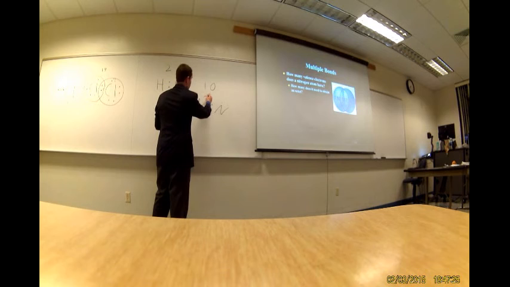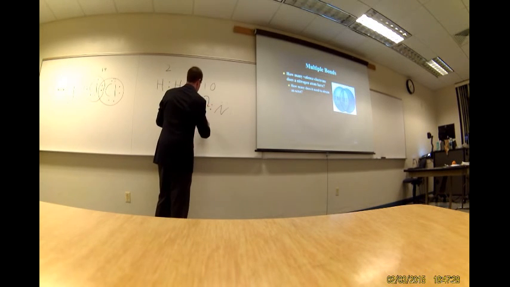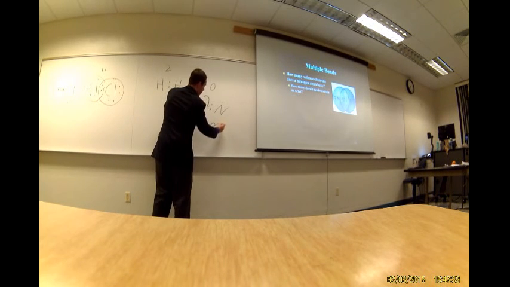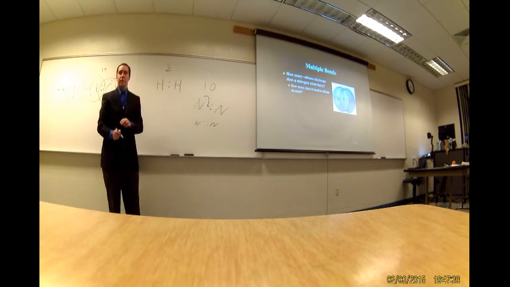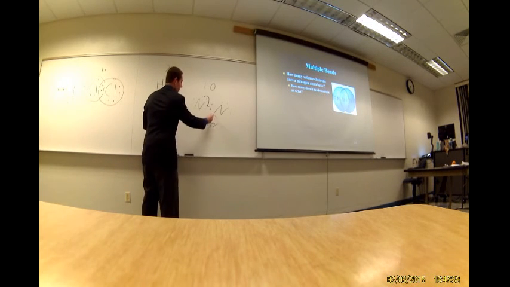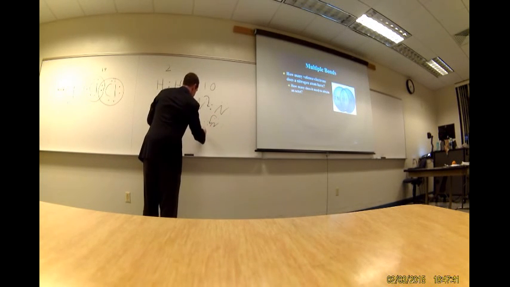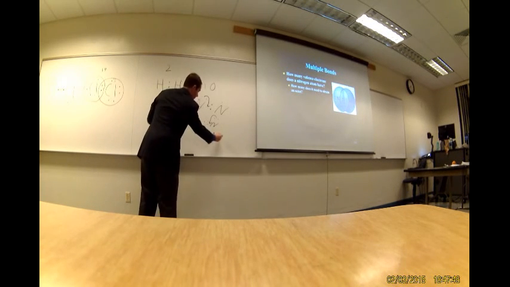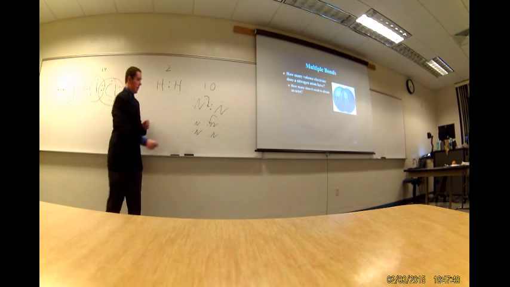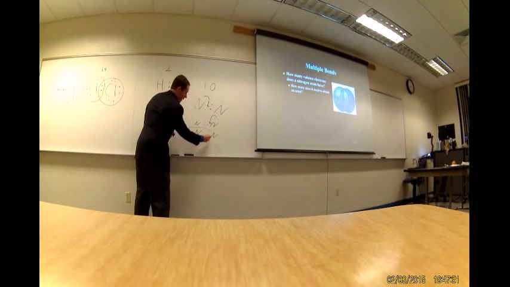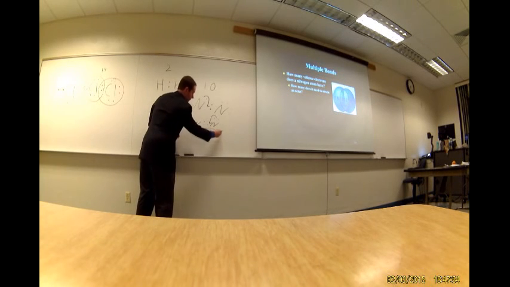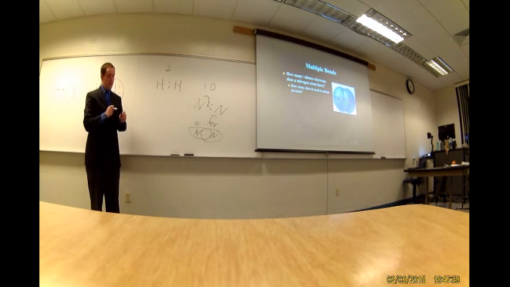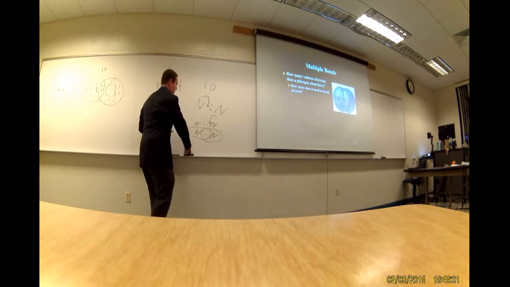So if I move that here, I now have N double bonded to N. That pair, that pair, and that pair are still there. Is that correct? No. I also have to move this pair down to get N triple bonded to N, and then each nitrogen has its own pair there. So this nitrogen has 8, this nitrogen has 8. Everybody see that? Just a matter of moving the little dots around.